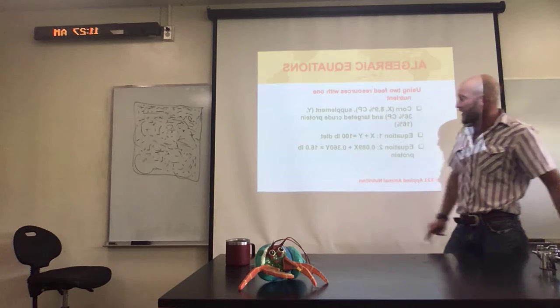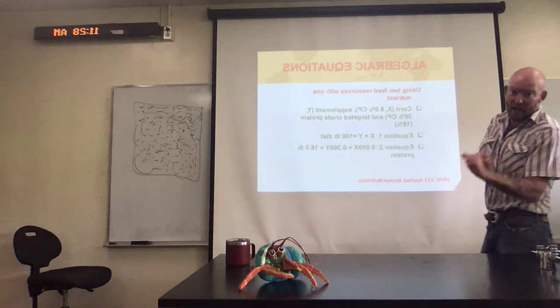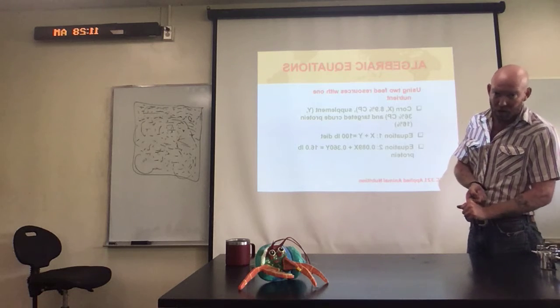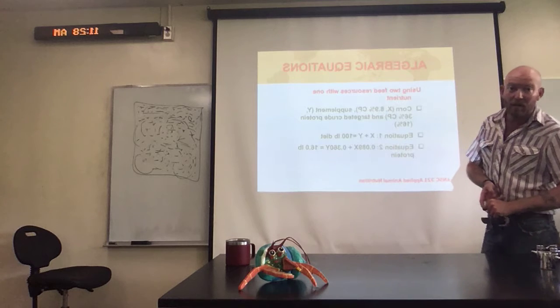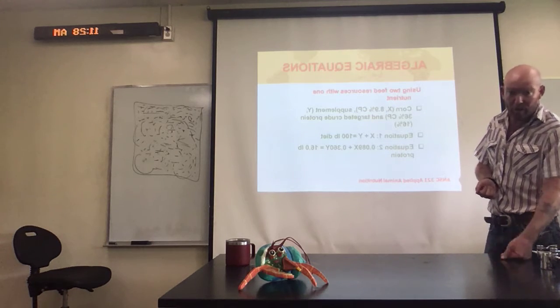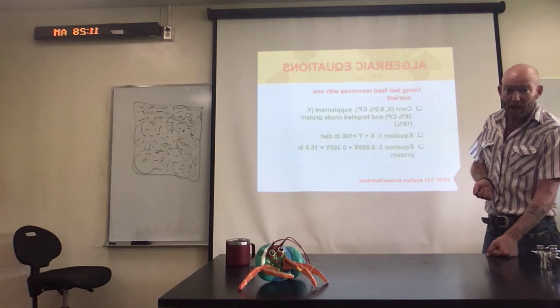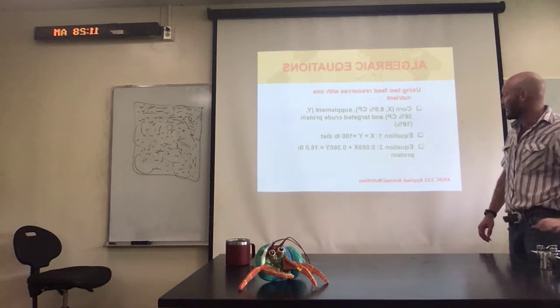Why is it going to equal 16 pounds of protein? Because we are making up a formulation for 100 pounds, and the target that we want is 16% crude protein. So we know that we're going to result in making a 100-pound ration. We're going to result in 16 pounds of crude protein of that total ration.